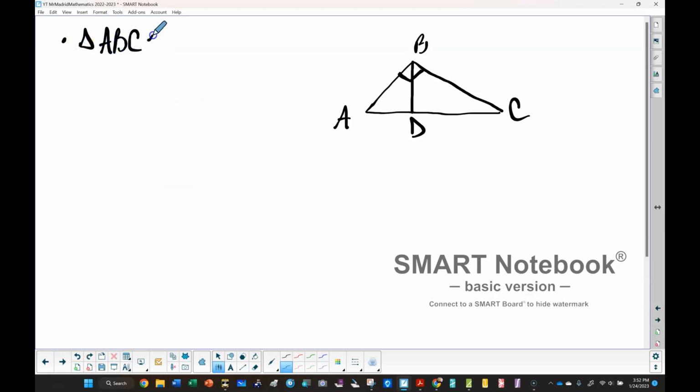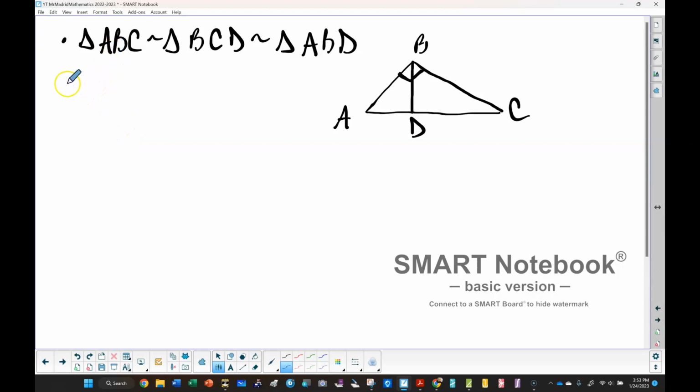ABC is similar to triangle BCD is similar to ABD. This is that powerful. You can set up all these proportions if they're asking you to solve things. You can set up corresponding angles, knowing they're congruent. Just awesome. I wouldn't write it if it weren't that important.